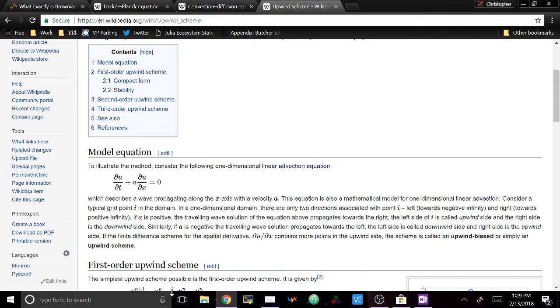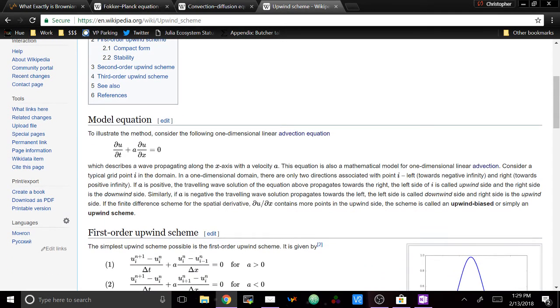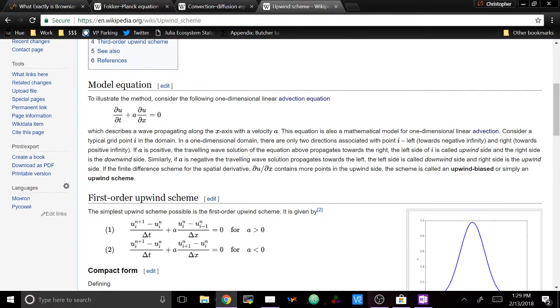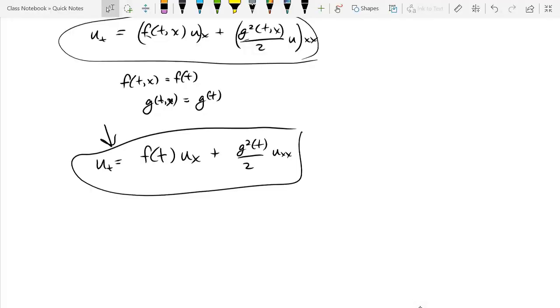Same thing as the convection, I think. I'm not a fluid dynamics guy, so I might be getting that mixed up. But anyways, the one-dimensional advection equation is u sub t equals a u sub x. And what you'll see here is that that's actually this thing right here. So this is the advection equation.